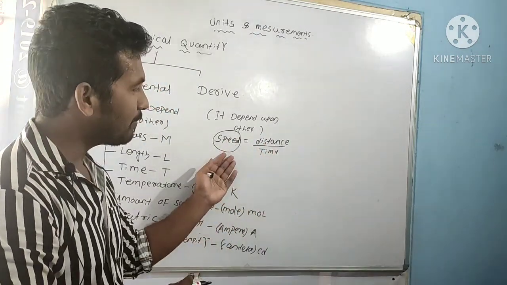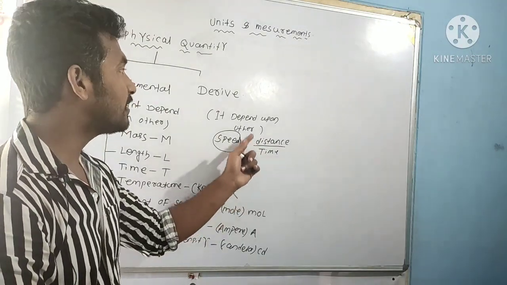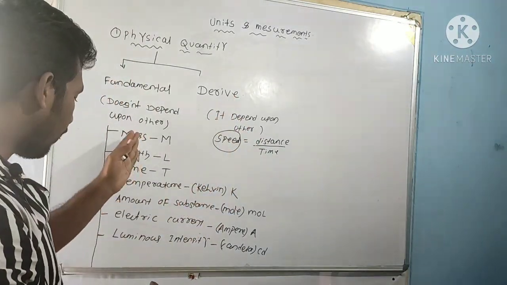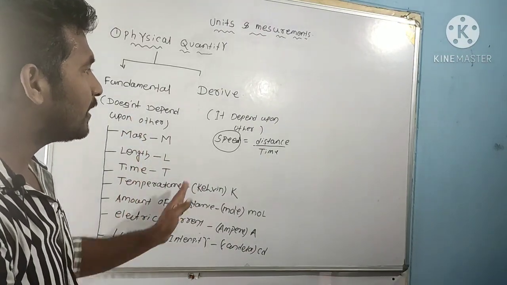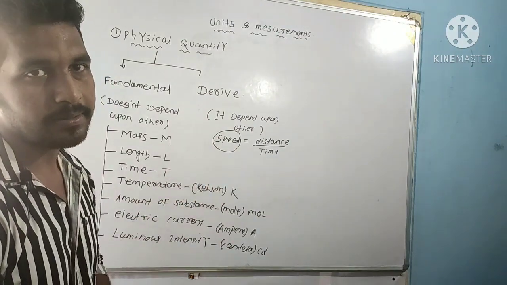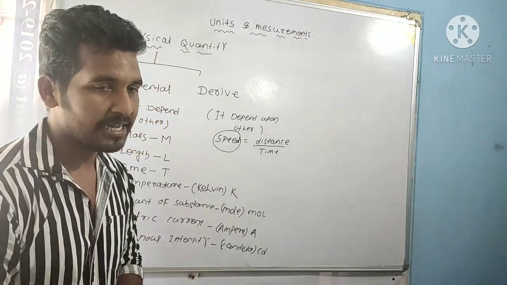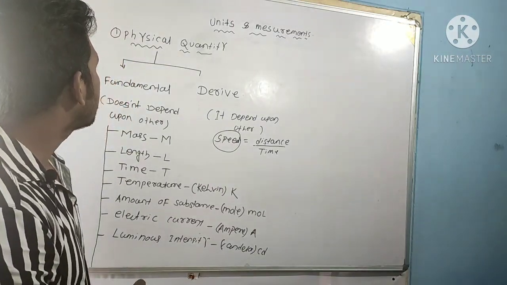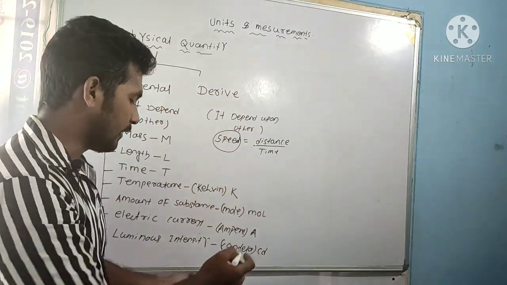To measure speed we need distance and time, so it is a derived quantity. These 7 quantities do not depend upon others, so they are fundamental. If you have any doubt, you can ask me in the comments. So this is the physical quantity, this is the fundamental quantity, and this is the derived quantity.